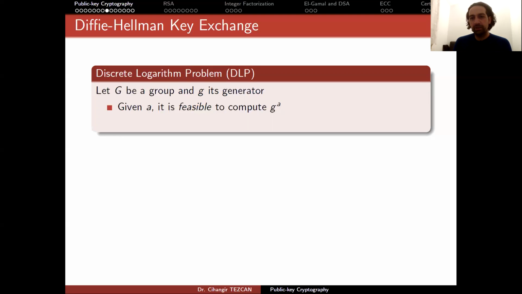I don't want to spend time on the definition of a group or a generator and so on, but simply saying, a generator means that you can use only this element and the operation that is defined on this set, and then you can generate all of the remaining elements in this group.